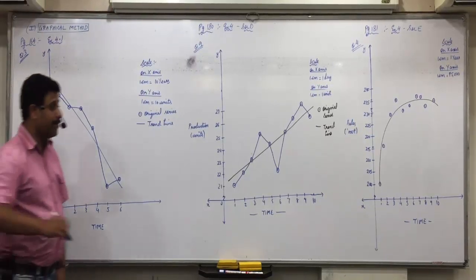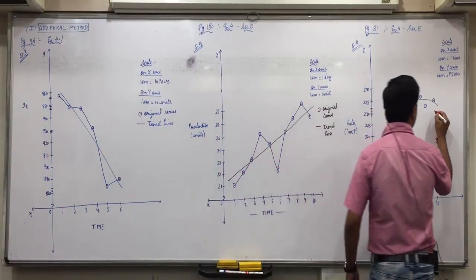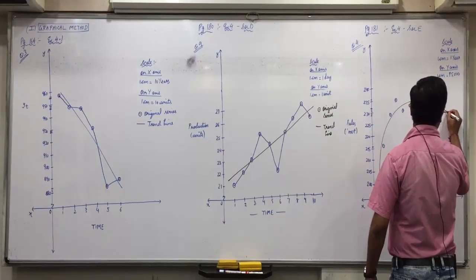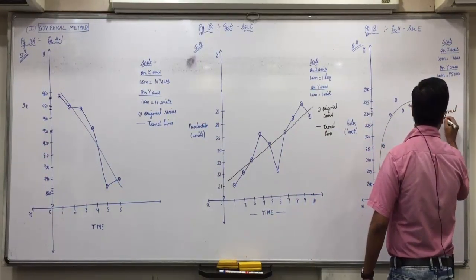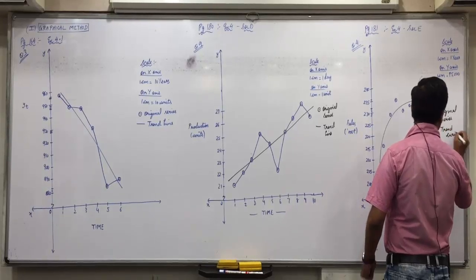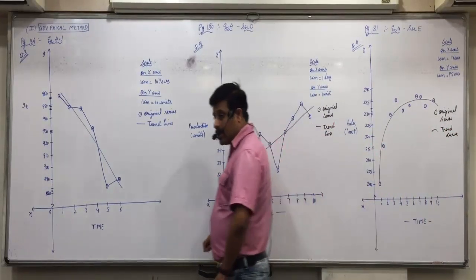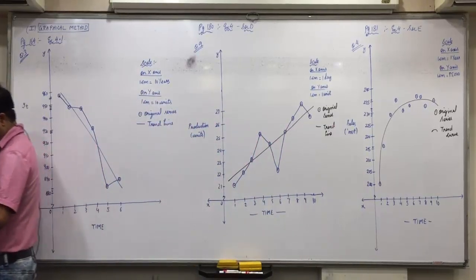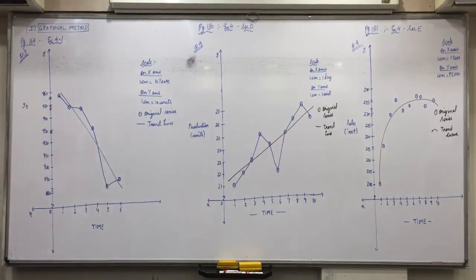And here you show the original series and trend curve. Instead of trend line, you show it this way, trend curve. So, any doubts with that? All are clear with this?